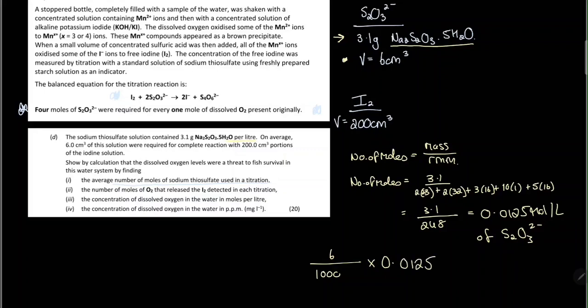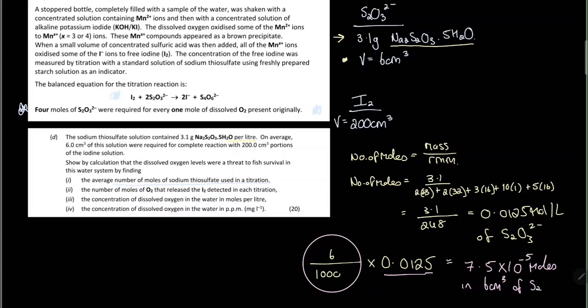So I'm going to multiply it by the molarity. So again, this is the amount of moles per litre, and I only want a fraction of that, so I'm multiplying it by the fraction that I want. And I'm going to get the answer then to be 7.5 by 10 to the minus 5 moles in 6 centimeters cubed of the sodium thiosulfate solution.